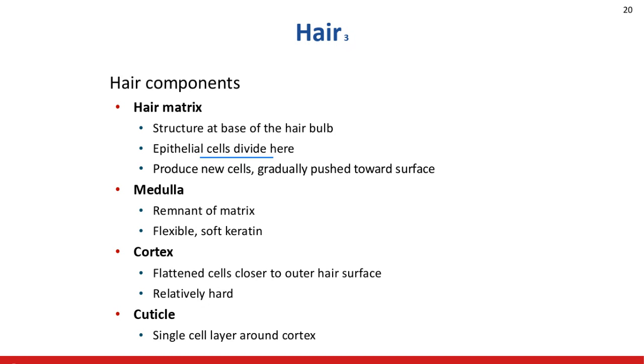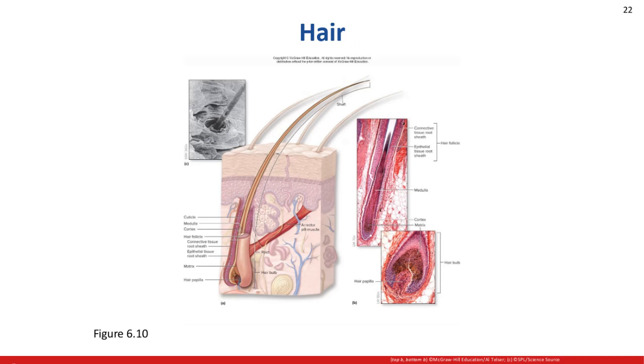Now these next couple of structures, I'm going to show you on the slide two slides over. The medulla is going to be the portion of the matrix, I'll show you right here, as the hair gets pushed upwards.